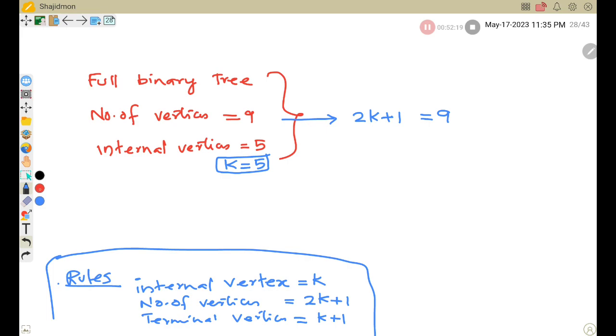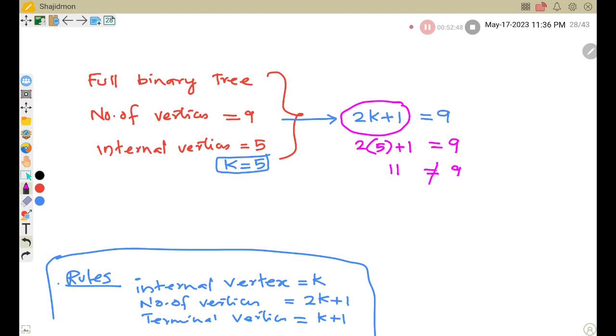Now we will check whether it is correct in our question. 2k plus 1 should equal 9, and k is 5 since the internal vertices equal 5. Just apply 2k plus 1: 2 multiplied by 5 is 10, plus 1 is 11. Is 11 equal to 9?